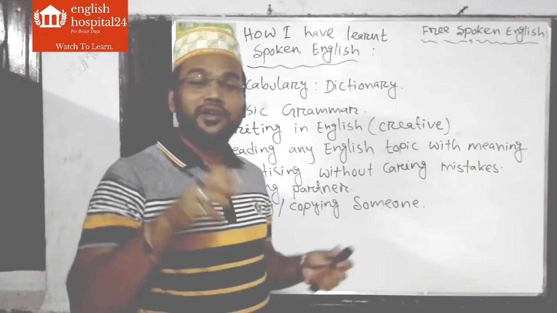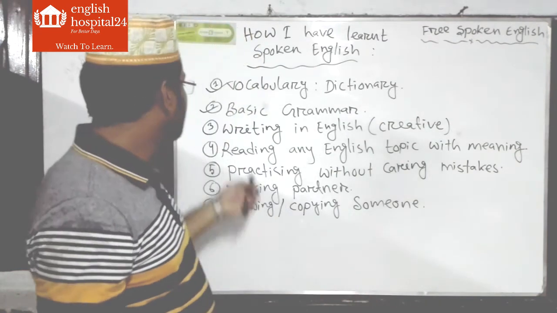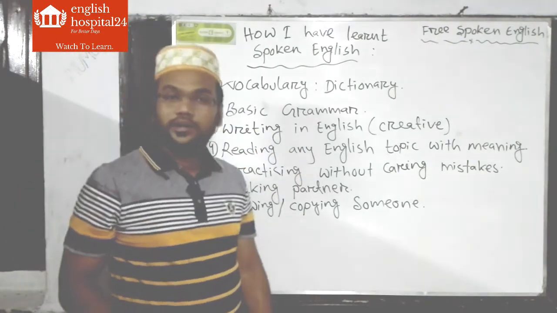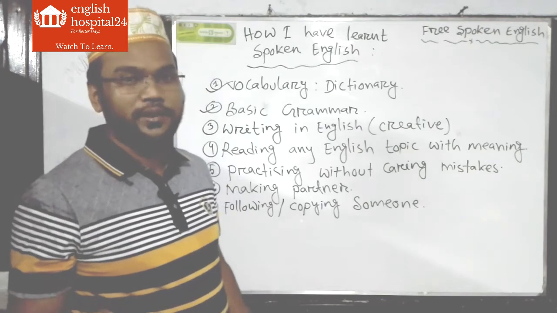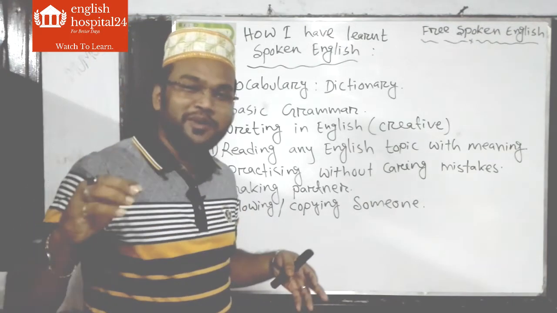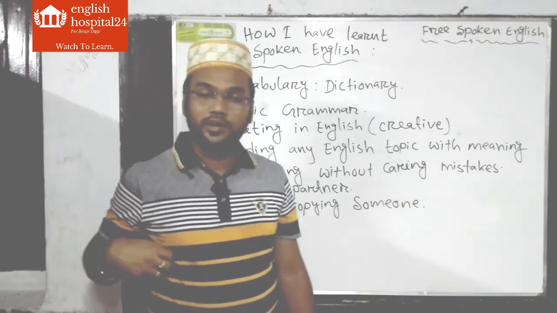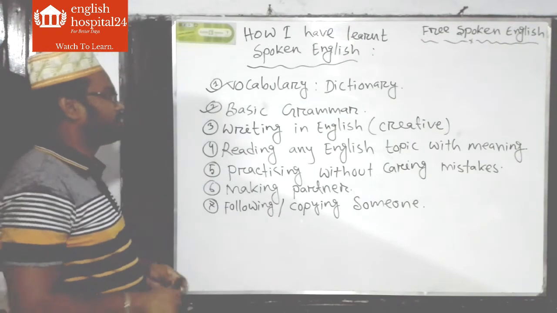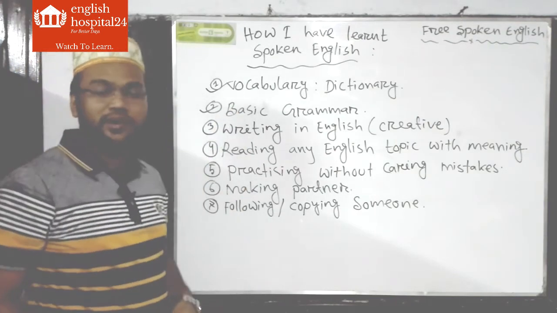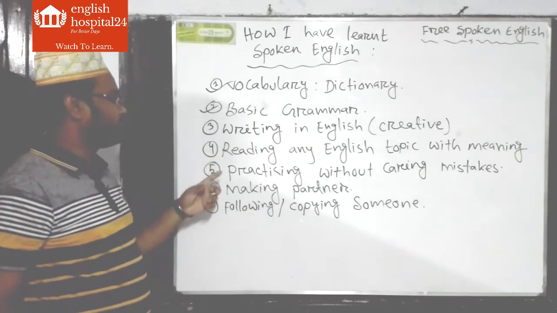In written English you will have to maintain the rules of grammar. So you will have to learn basic grammar to be correct in your writing, and for an advanced level of spoken English. I first enriched my vocabulary store, then I learned basic grammatical terms.